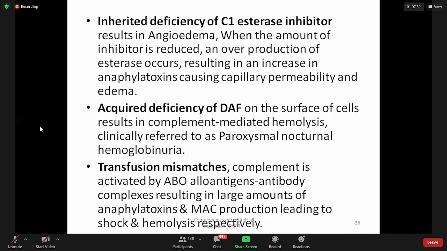Then there are those people who lack the C1 inhibitor. These people will end up getting something called angioedema because they are unable to stop the production of C3a. Remember we said that C3a and C5a are anaphylatoxins. So if you lack C1 inhibitor, it means that you're going to end up activating breakdown of C3 and C5.